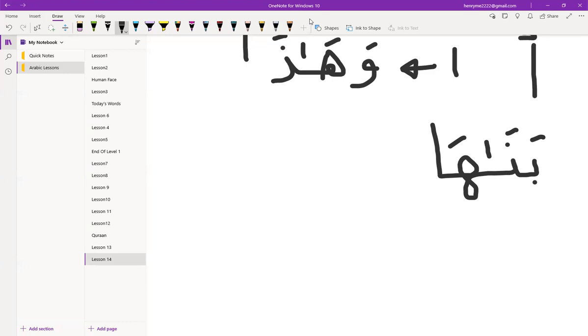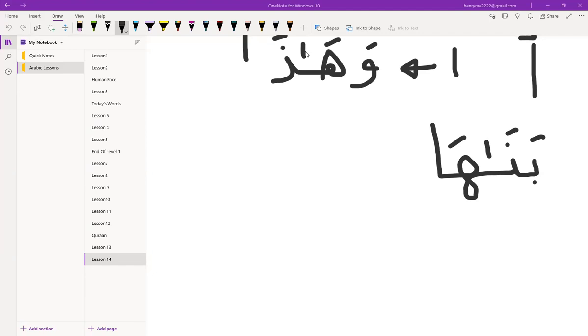Now also, we will have other concepts especially for the short alif. It will come in three different shapes, three different locations.